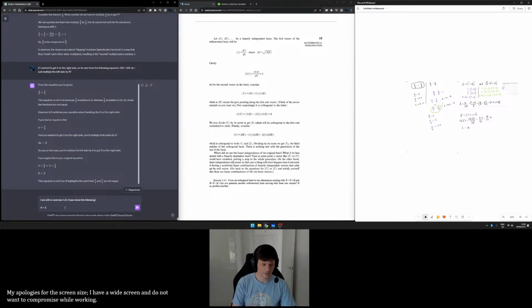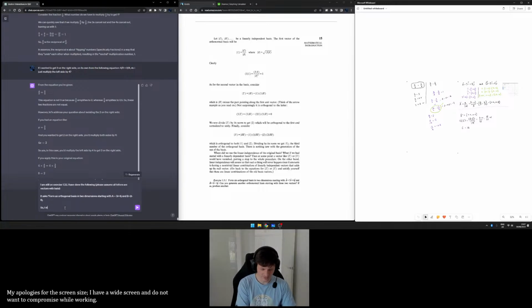So I've done the following. Please assume all letters are vectors with hats. A is going to be 3i plus 4j. It asks to form an orthogonal basis in 2 dimensions starting with A and b equals 2i minus 6j.